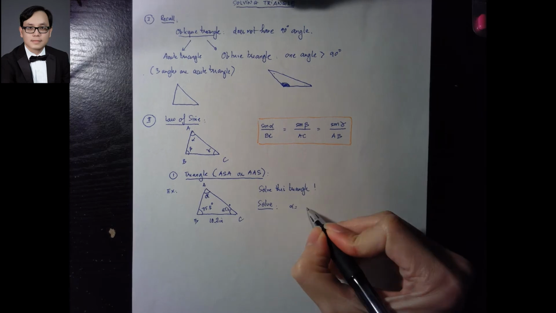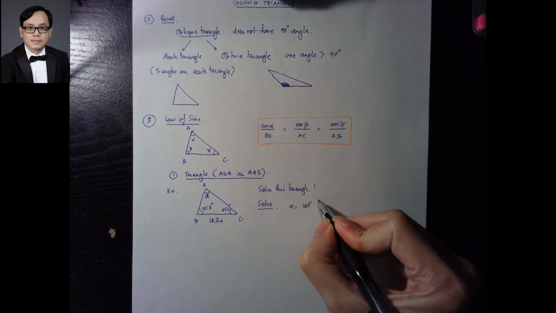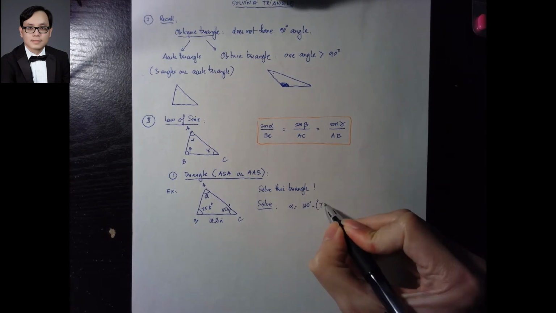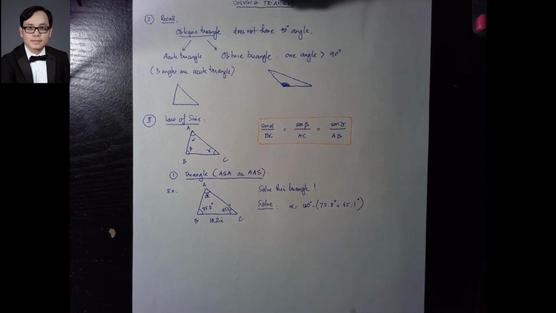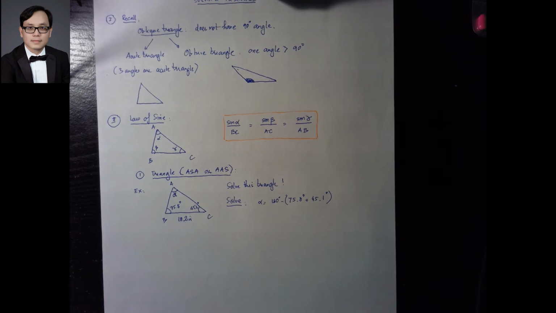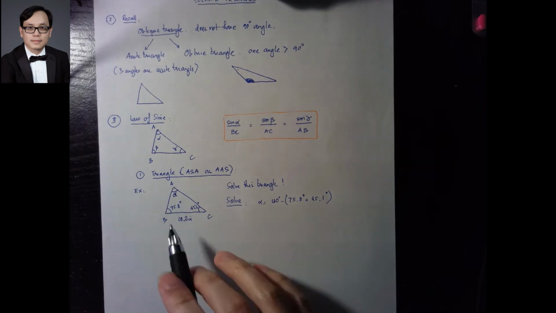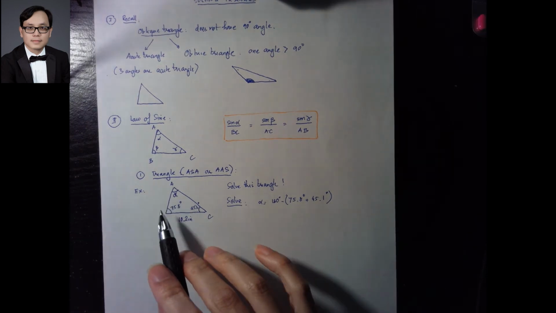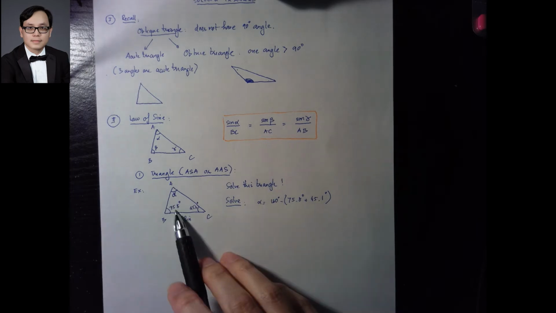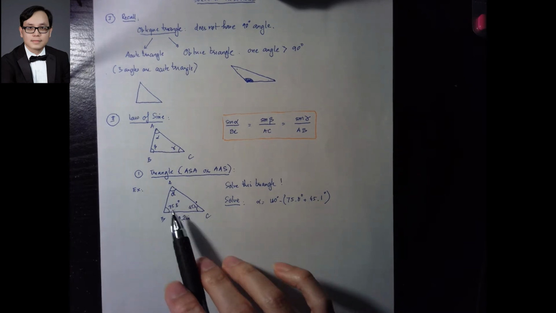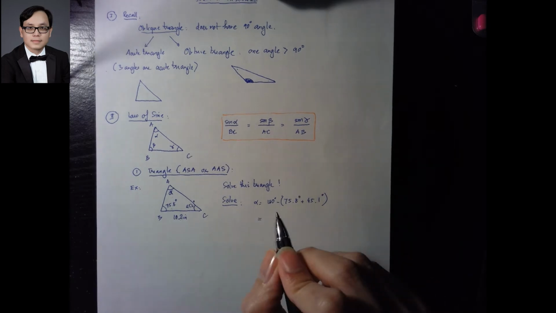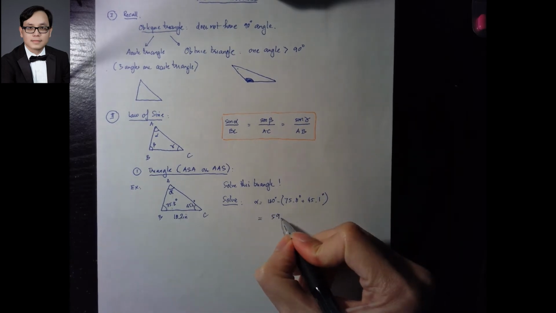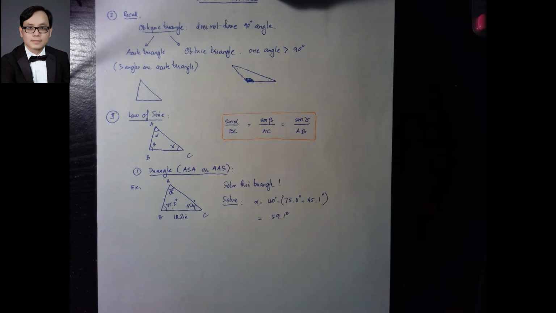Angle alpha will be 180 minus 75.8 plus 45.1, because the sum of all interior angles of any triangle is 180. They already gave you two angles, then we can find the last one, which is 59.1 degrees.